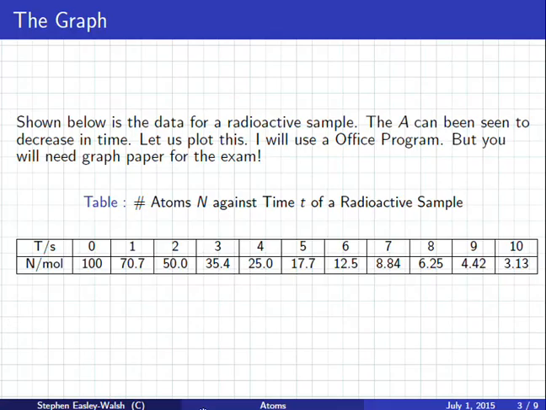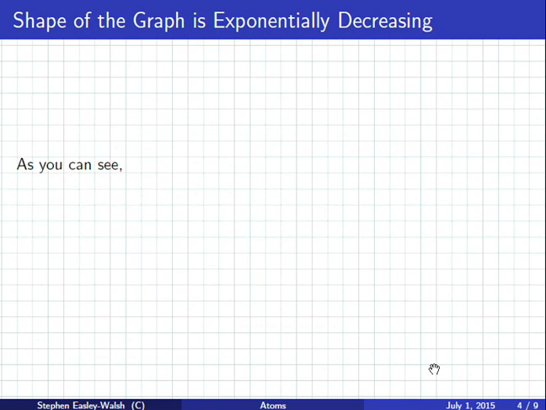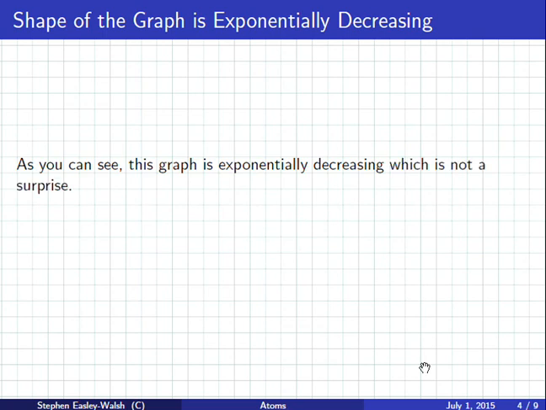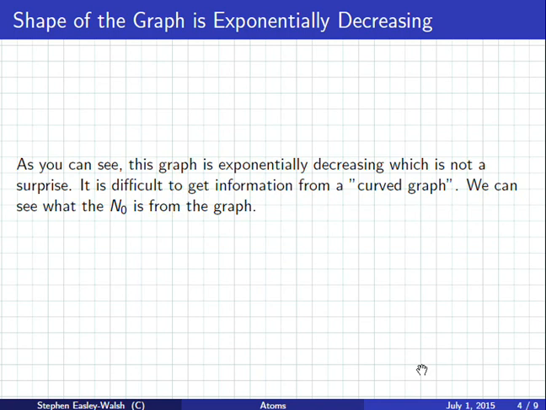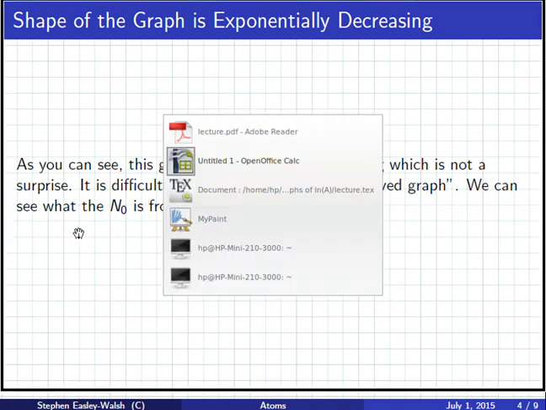Great. So, as you can see, the graph is exponentially decreasing. And of course this is not a surprise. But what's difficult, you don't need to write all of this down, Louise, it's okay, is that you can't get much information from the graph. For example, I can see what the N0 is.